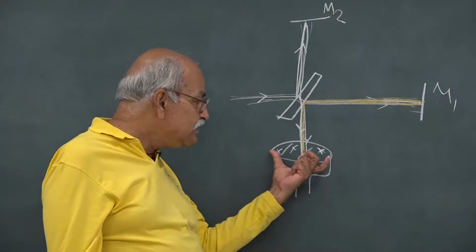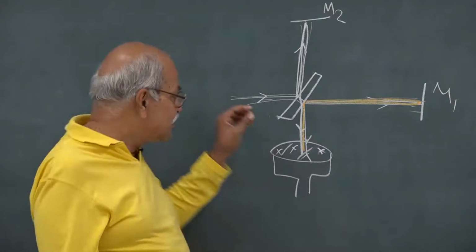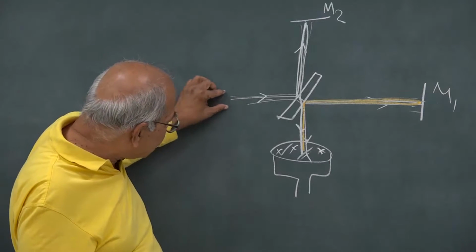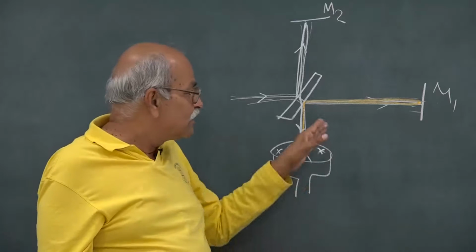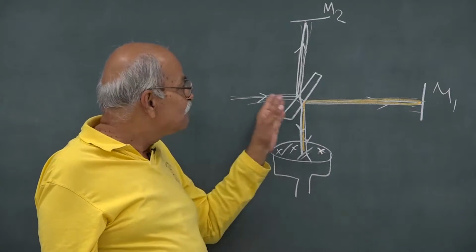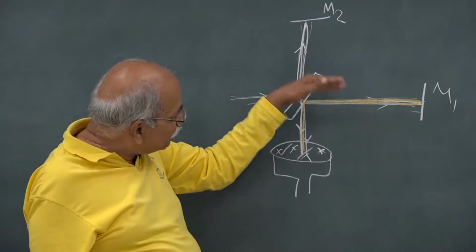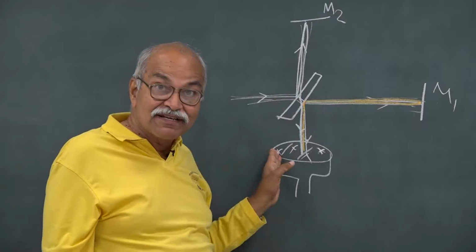Therefore, when you see this big view, you are seeing an aperture, not a single ray but a beam, and different places will receive beams from different portions which have covered different geometrical paths.